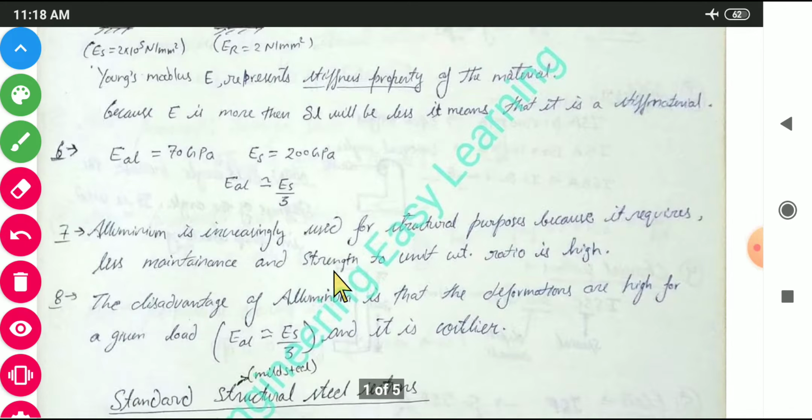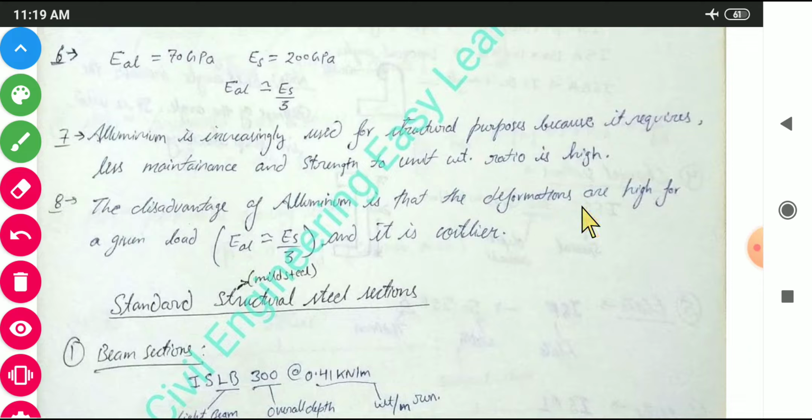And what is the disadvantage of aluminium? The deformations are high for the given load and it is costlier. So these are some disadvantages of aluminium.